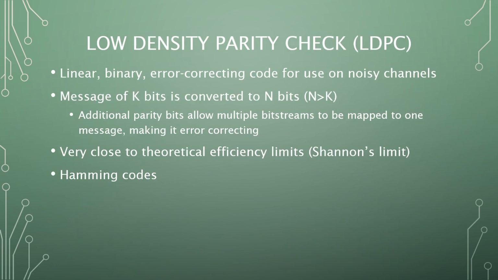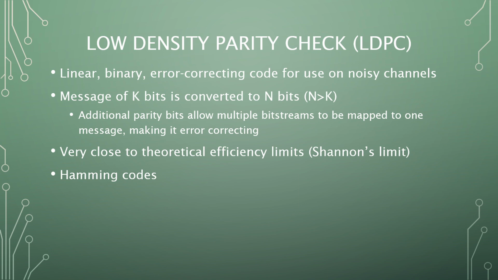The last step is the low density parity check, which is just another error tolerance scheme. Essentially, LDPC is a way of mapping your message bits to even more bits, such that even if there are some bit flips, the message still gets mapped back to your original message.